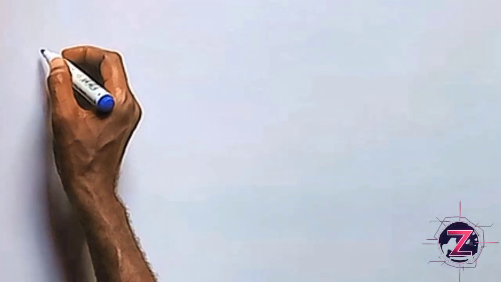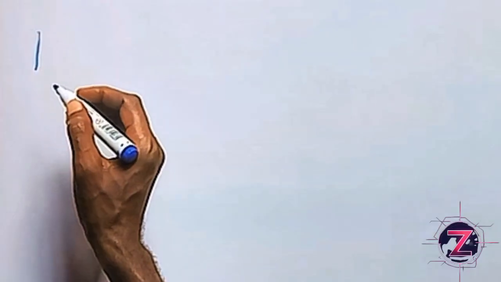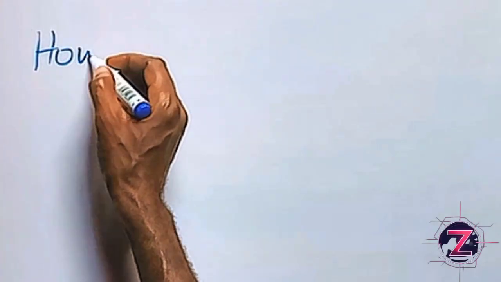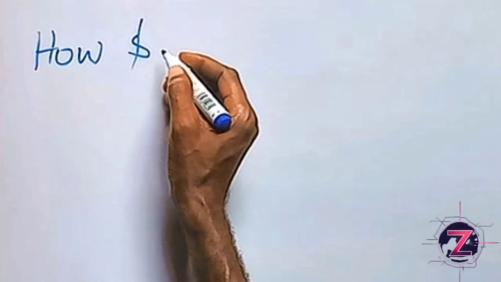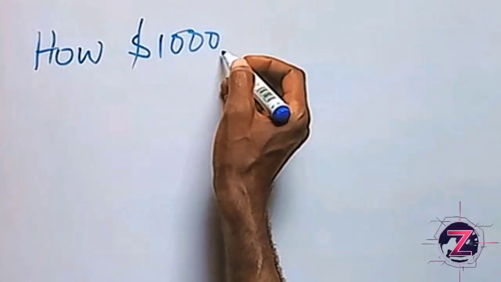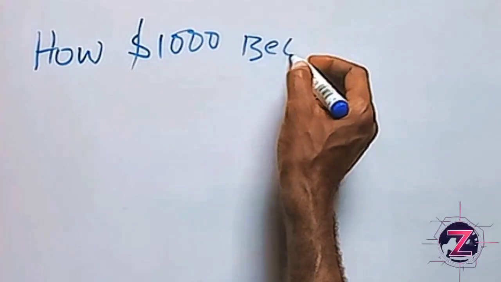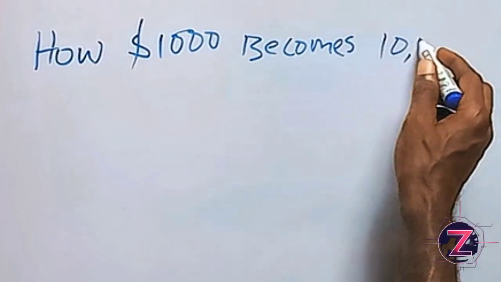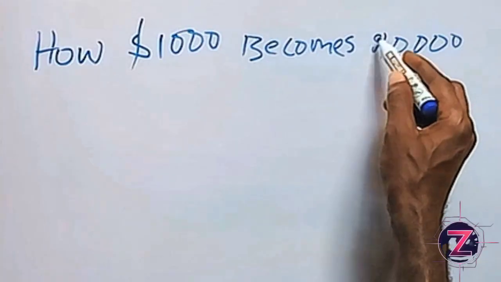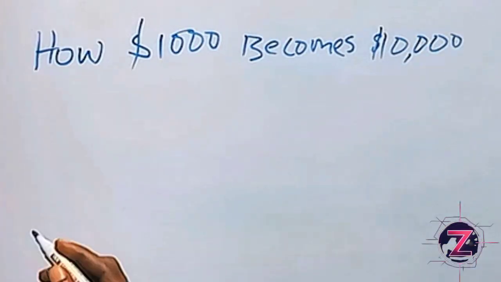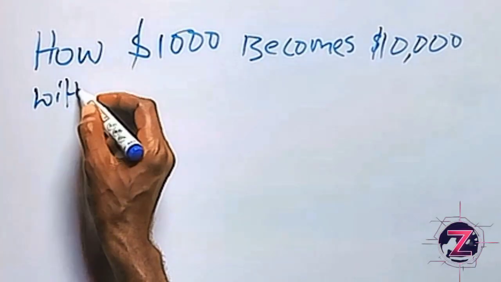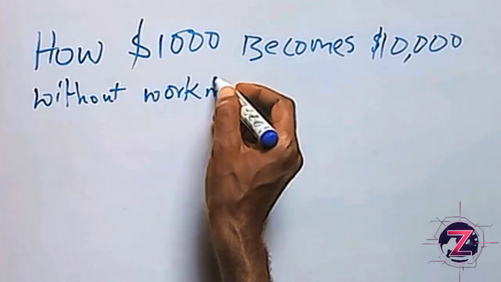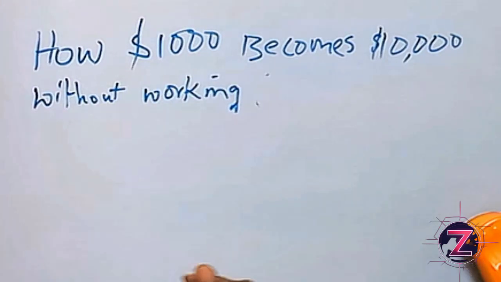Alright guys, come closer. In this video, I'm going to be showing you how, mathematically, compound interest reveals that $1,000 becomes $10,000 without putting in any extra work.